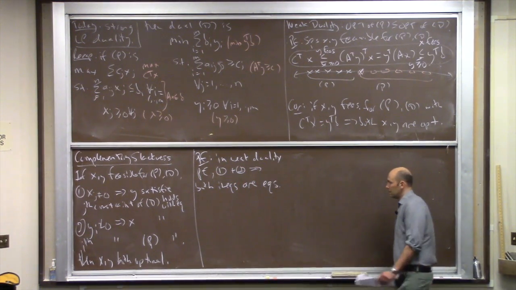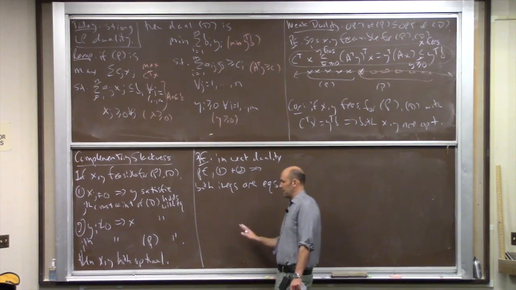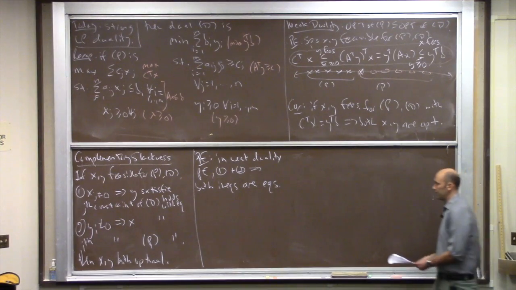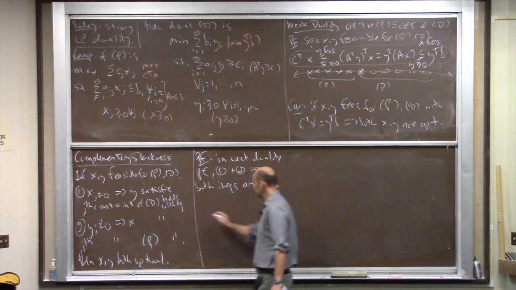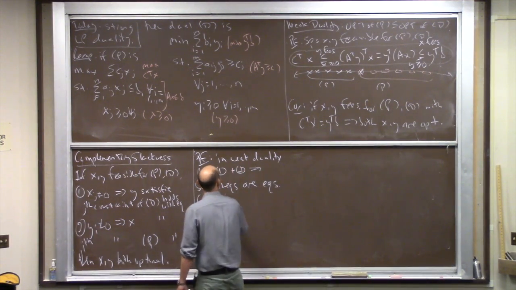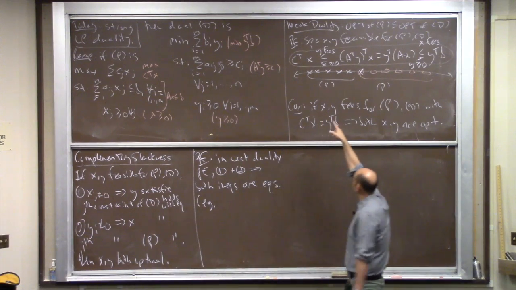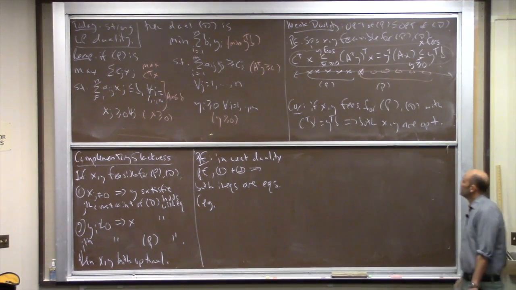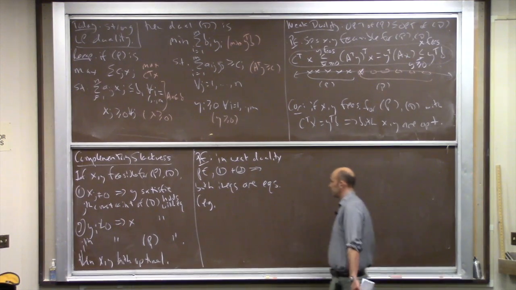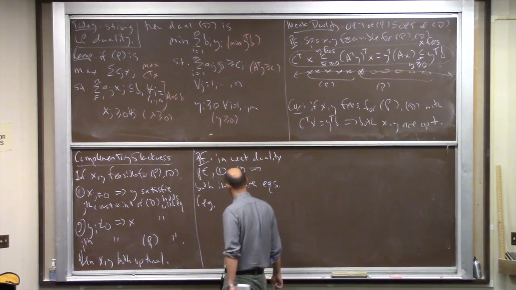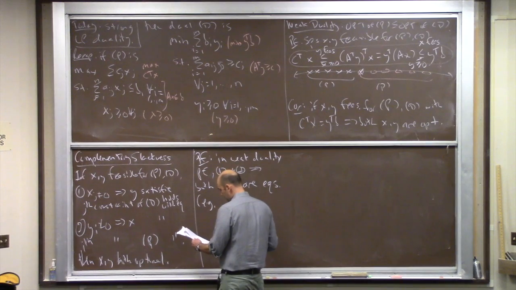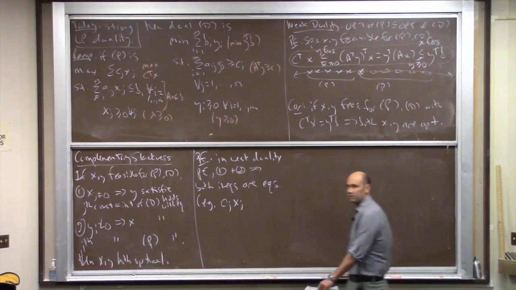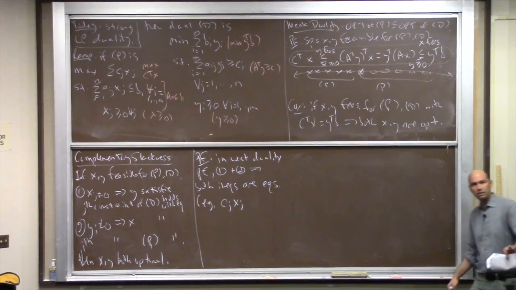Okay? So this might be a little bit easier to see if I switch back from matrix vector notation to the sums. So for example, focus on this first inequality here, c transpose x is at most this other thing, y transpose Ax, y transpose A transpose x. And consider a single term, right? So c transpose x is the sum over j of cj xj, just consider some fixed j.